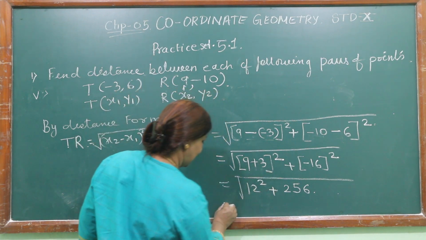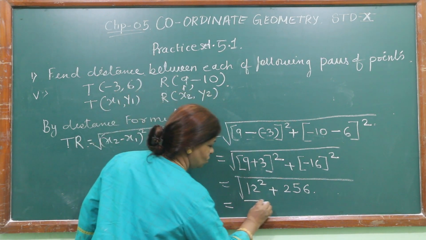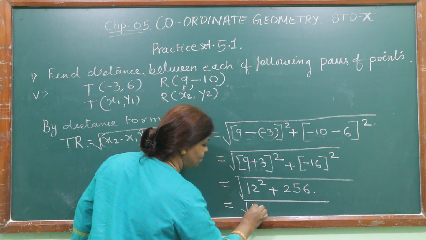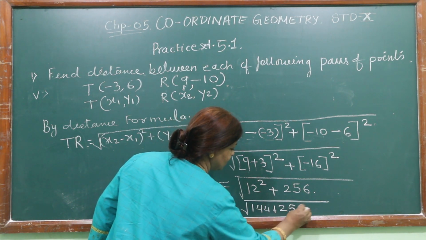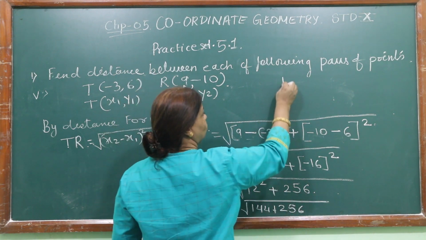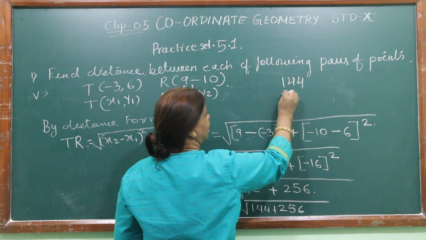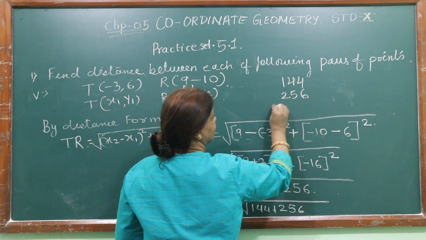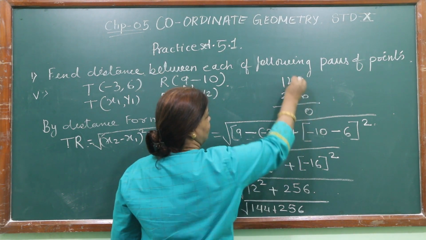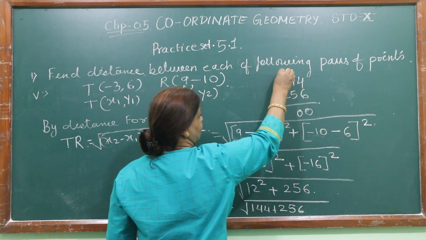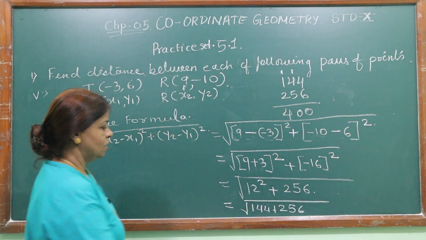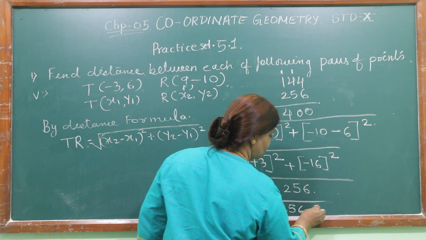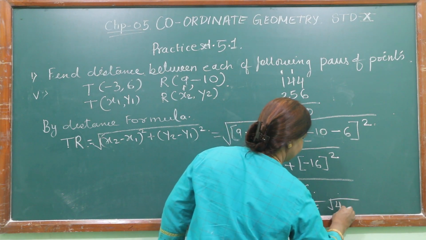Now 12 square, as we know, is 144, plus 256. We have to add 144 and 256. 4 plus 6, 10. That would be 400 now. So total will be equal to 400.